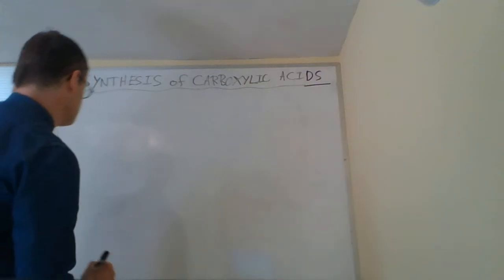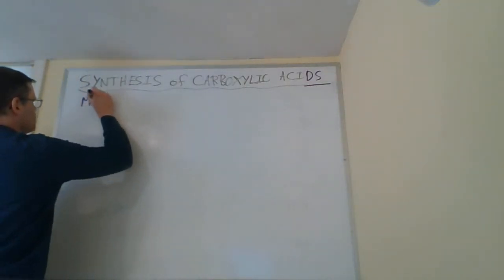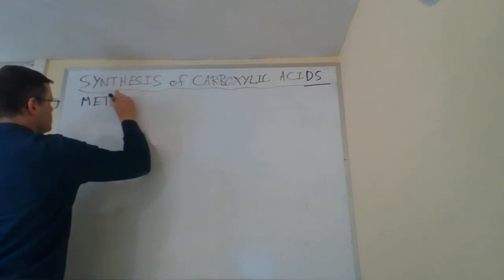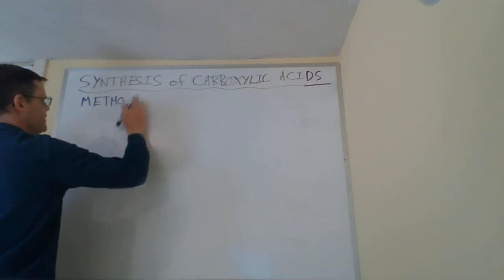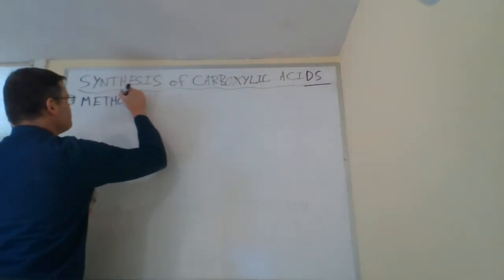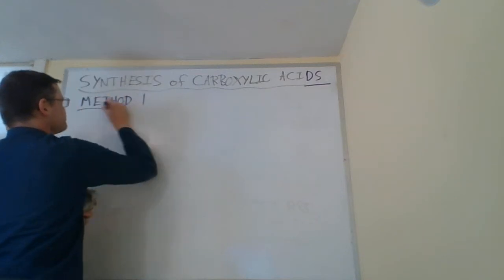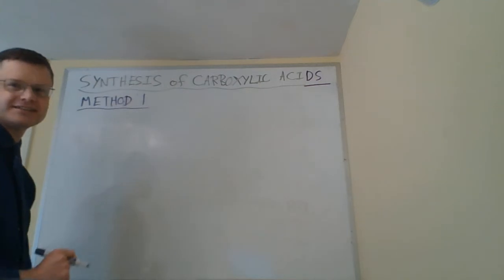All right, so method one is we're going to take alcohols and turn them into carboxylic acids.